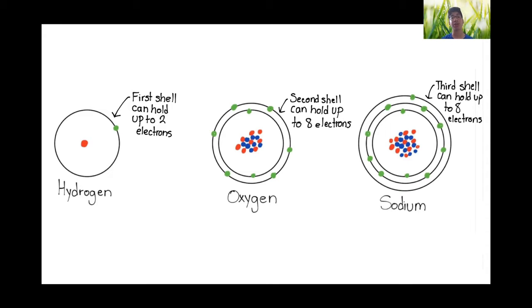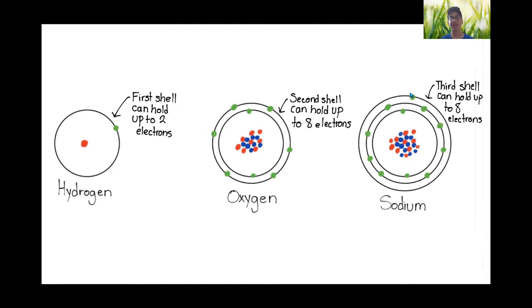And that's why sodium, which has 11 electrons, needs a third electron shell. Because think about it. The first electron shell will hold its first 2 electrons, so now it has 9 electrons left. The second electron shell can hold up to 8 electrons, so 9 minus 8 is 1. It still has 1 electron left over, thus it needs that third electron shell to hold that last electron right here.